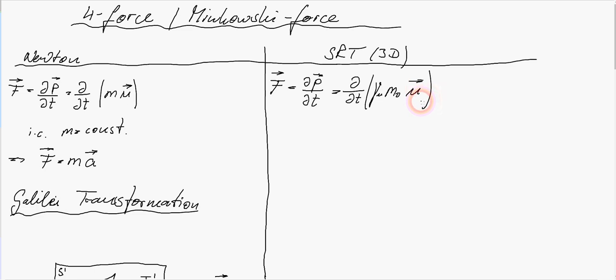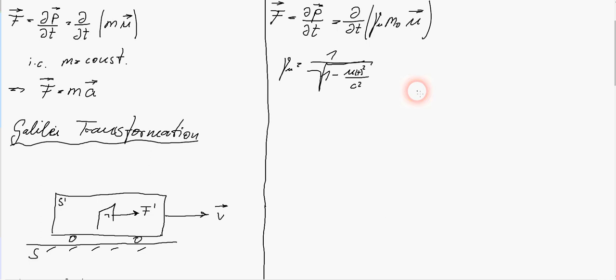So let's just go a little bit into details. As we know, gamma u equals 1 over the square root of 1 minus u of t squared over c squared. So it's obvious that we need to exert a time derivative on gamma u and also on the velocity u. And therefore it follows, I just give this as an insertion here, that for this time derivative we have to use the product rule of differentiation.